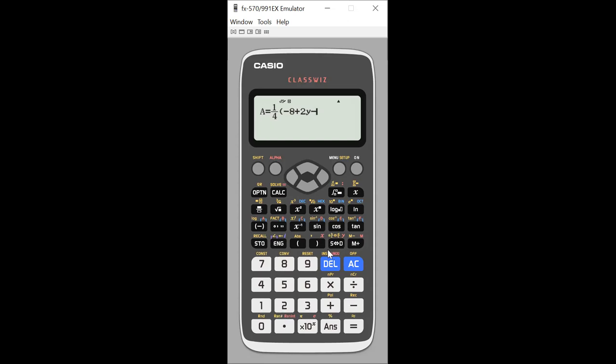There is no z, so I will take, let's say, alpha f. You can take any variable that you want.